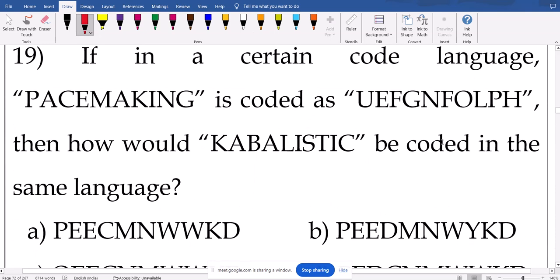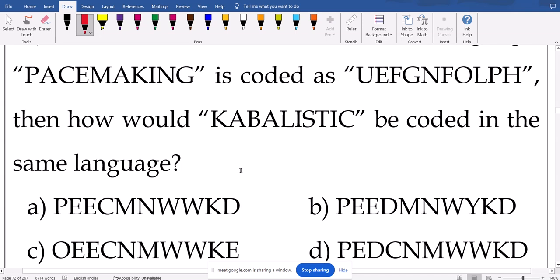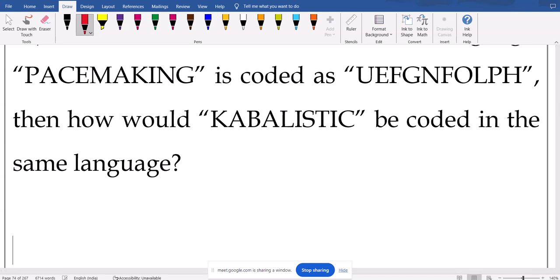Pace making is given. I think this is 10 letters. Maybe first 5 letters, last 5 letters. Maybe swapping may happen. We'll check. They're given only one code directly.